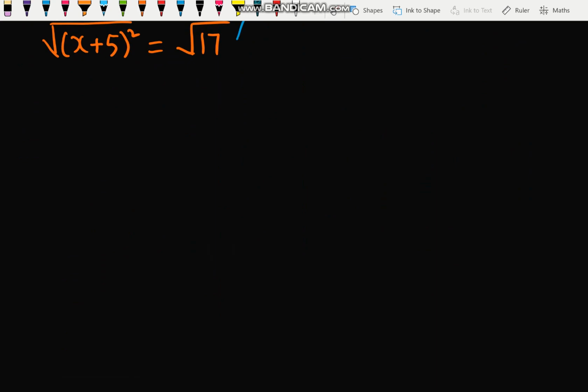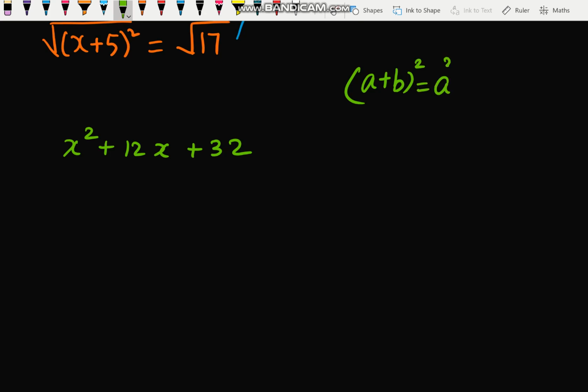For example, if you have to complete the square which is of the form x square plus 12x plus 32. Now again you want to bring it in the form of an identity which will be a plus b the whole square, and that is equal to a square plus 2 into a into b plus b square, right?